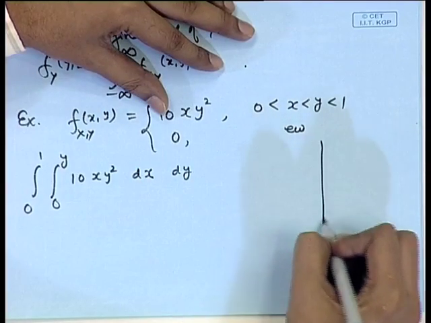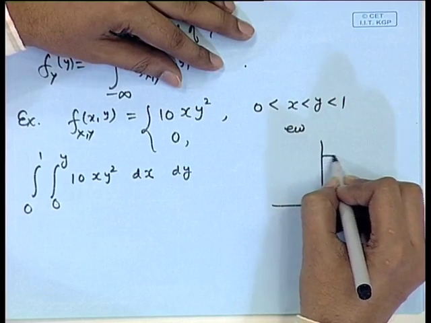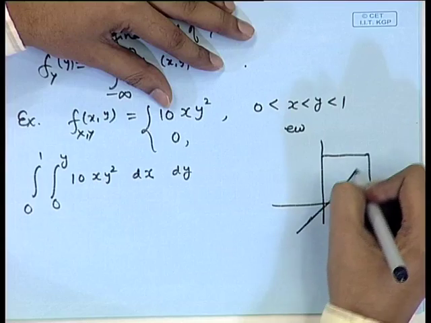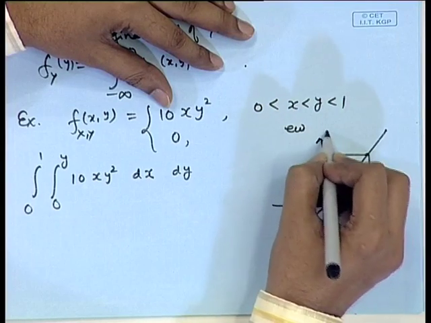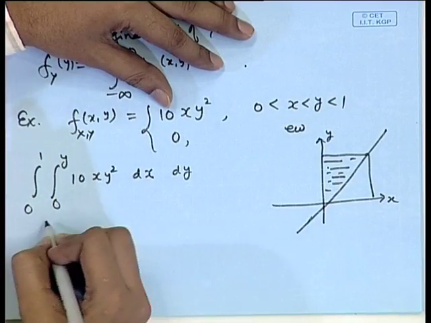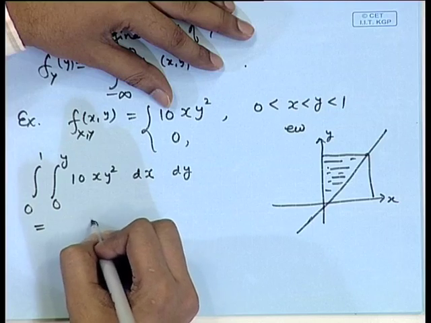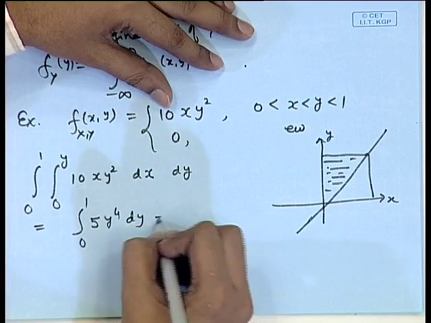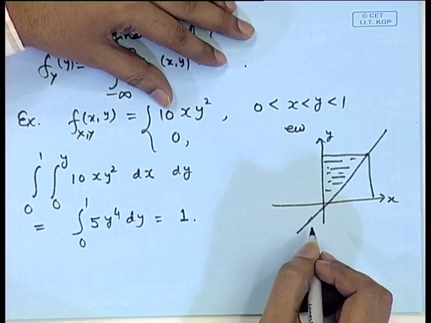Basically, the distribution is defined over the half of the unit square where x is less than y. If this is the x axis and this is the y axis, we are on this side. You can easily see that this is the integral of 5 y to the power 4 dy, which is equal to 1. So, it is a valid probability density function.